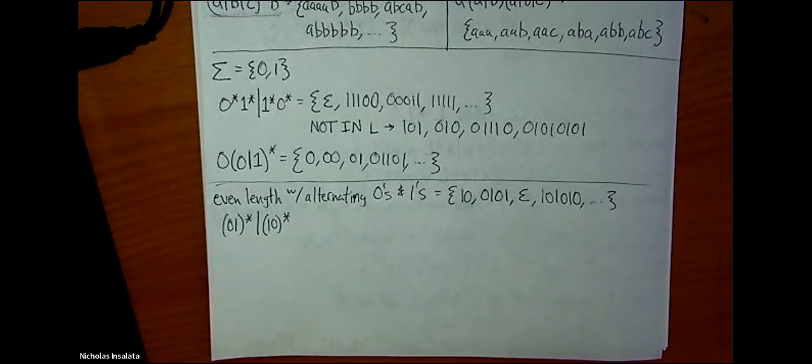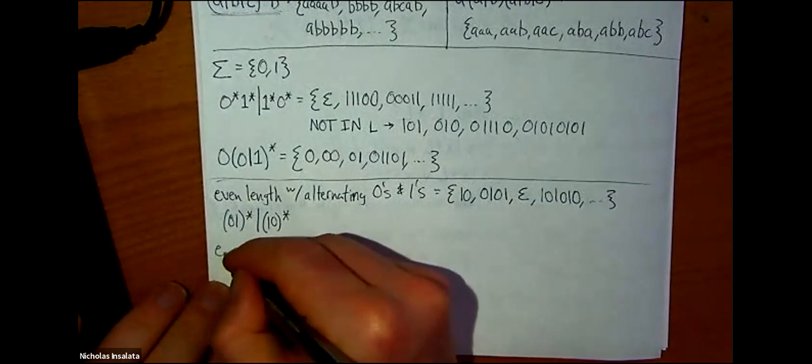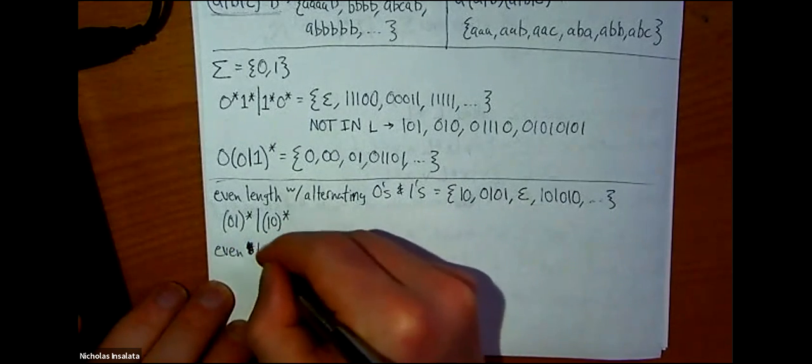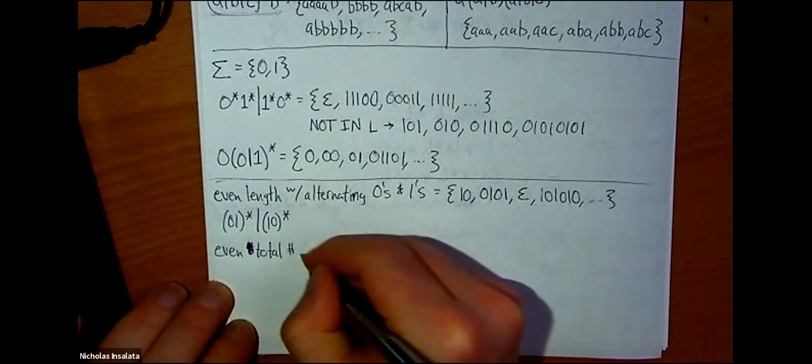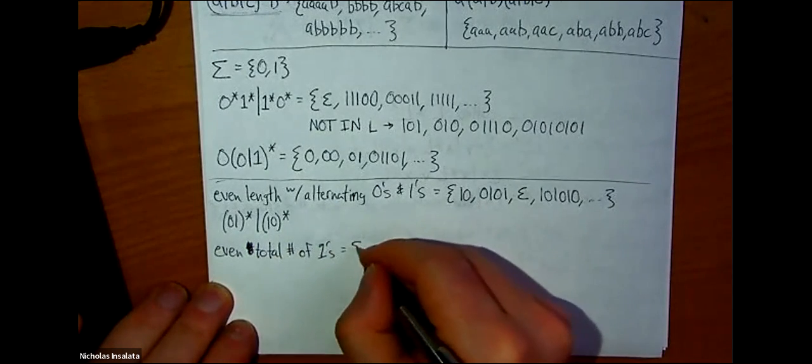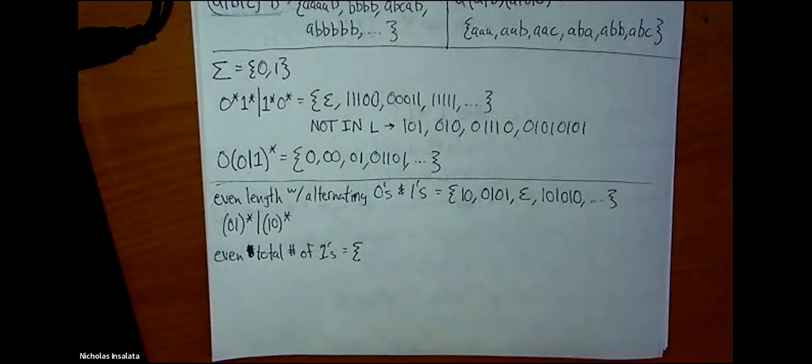Strings of zeros and ones with an even number of ones. Even number, I'll say even total number of ones. So let's do some examples. So what's an example of a string with an even number of ones inside?